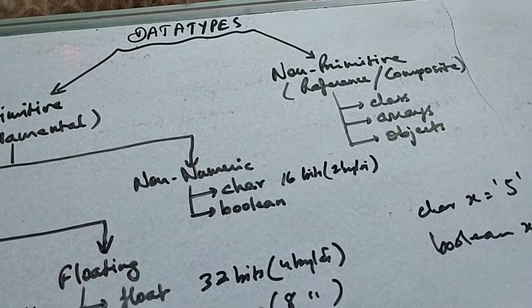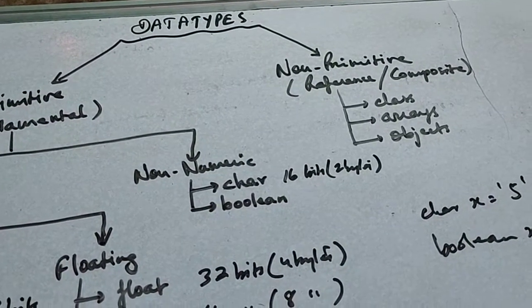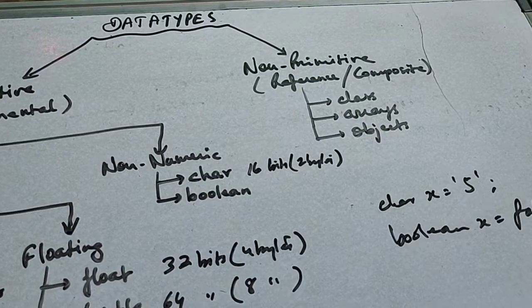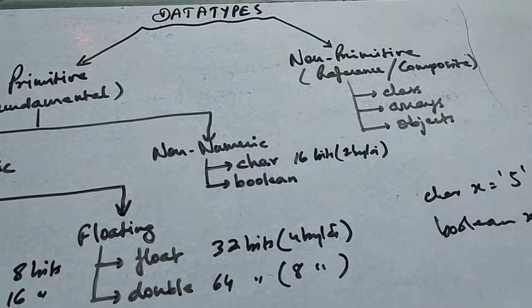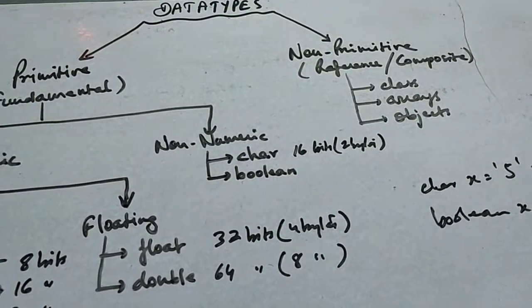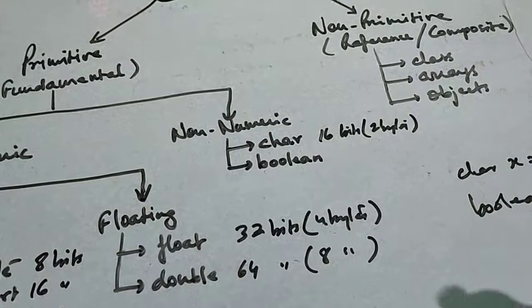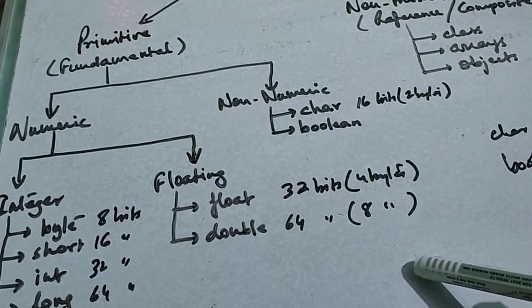The byte size of a composite data type never remains fixed. It always varies as it is dependent on the constituent members. For example, a class may have a character data type, it may also have a float data type, it may also have an int data type.